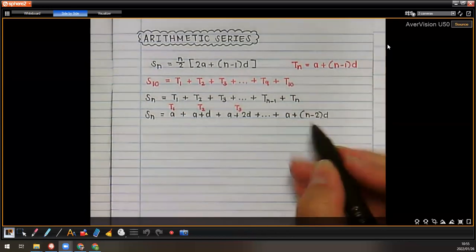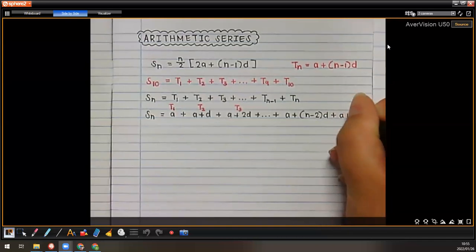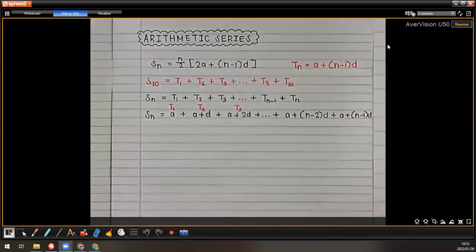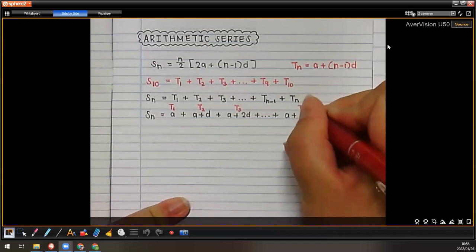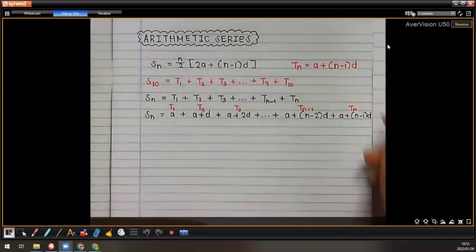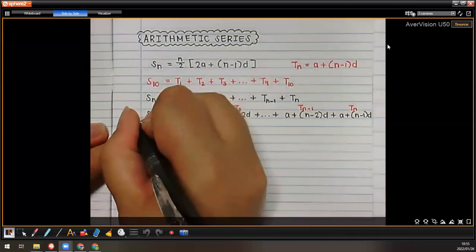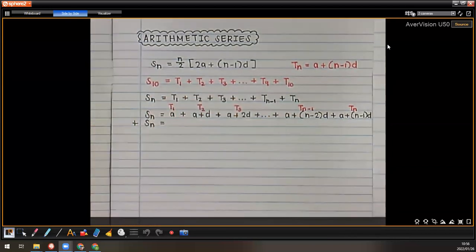So that is term n minus 1, the second last term. I'm running out of space here, but I'll squeeze it in. The last term is a plus n minus 1 d. So this represents term n minus 1, and this represents term n, the last term. We are writing that down. Then, for the purpose of this proof, we are now going to say plus Sn again.